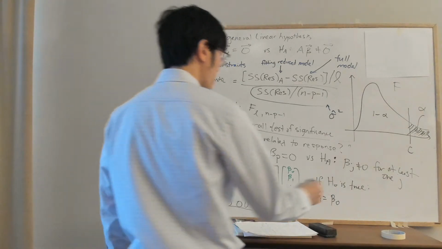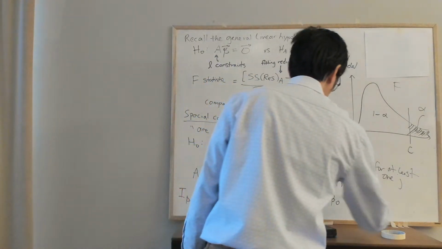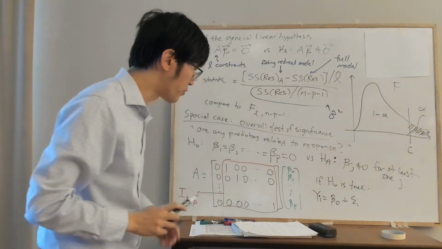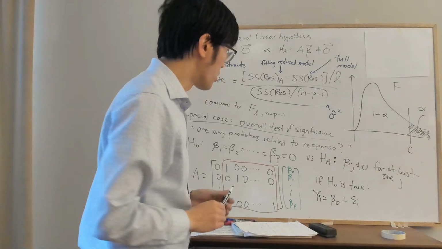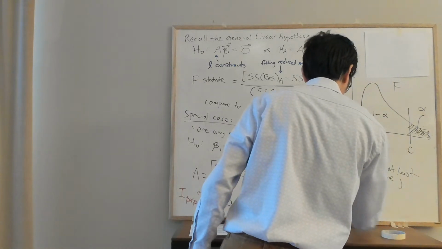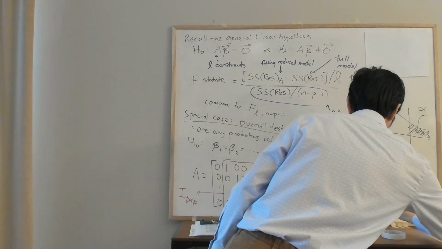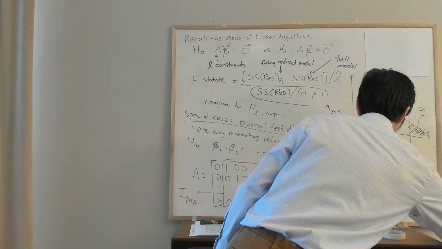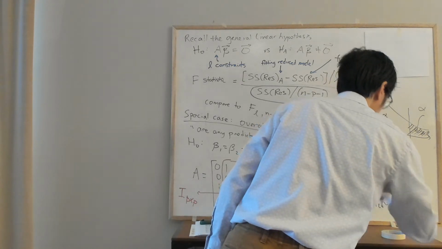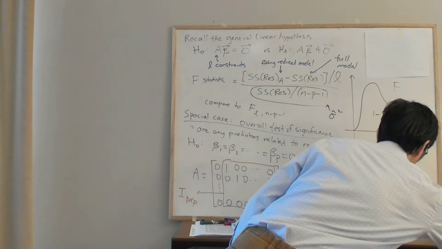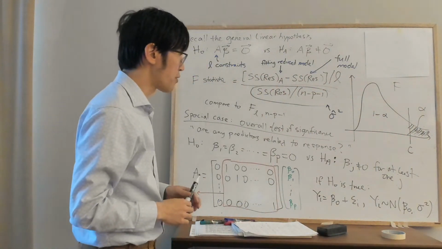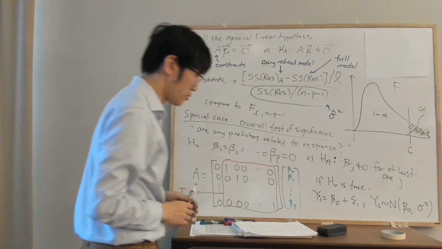If the null is in fact true, then yi is simply beta 0 plus epsilon i. Alternatively, you can say that yi is normal with mean beta 0 and variance sigma squared. That's all that's left when we remove all of the predictors from the model.